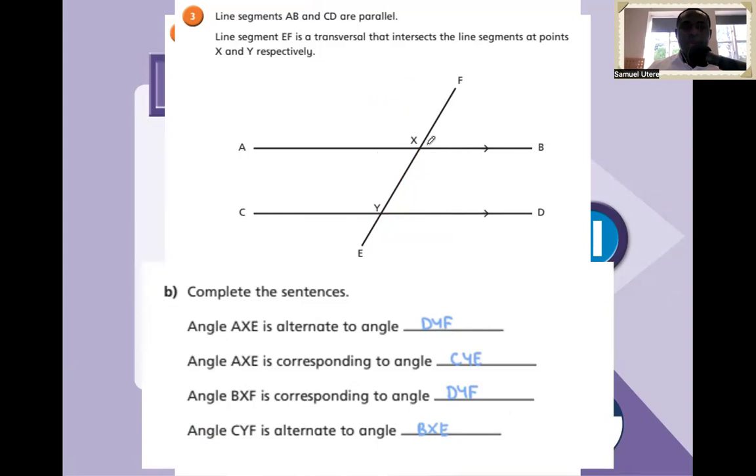So remember, the middle letter tells you where the angle is, BXF. So it should be here. Is corresponding to angle DYF. So DYF. So it should be this angle. And you can see the F shape that connects them right there.